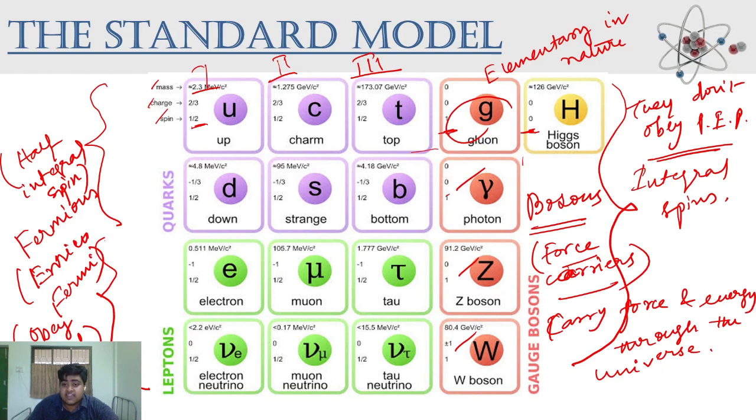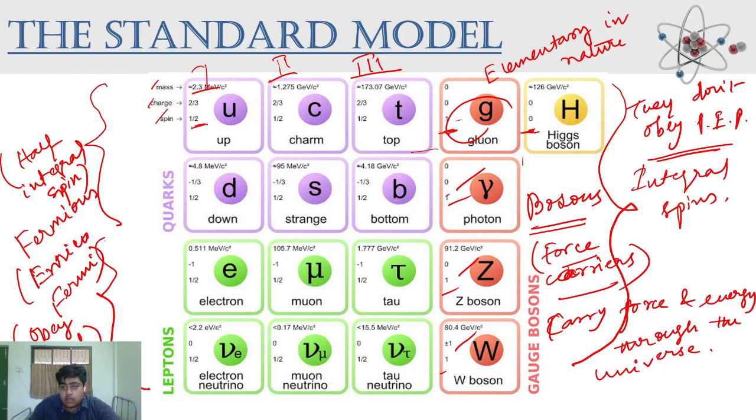They are known as gauge bosons because they have a definite spin of 1. You can see that the spin of a gluon is 1. Here it is, 1. For a photon is 1. For a Z boson is 1. For a omega boson is 1.